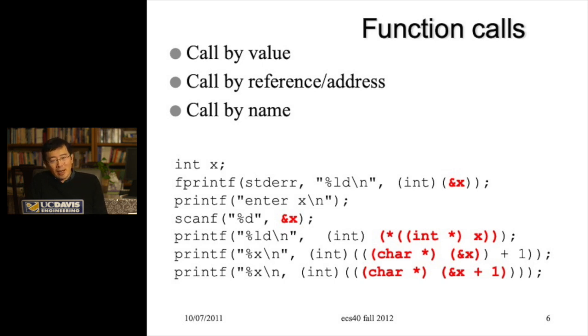However, mixing call by value, call by reference, and call by name together in a single programming language, in a single system, makes things really, really complicated for us to understand.